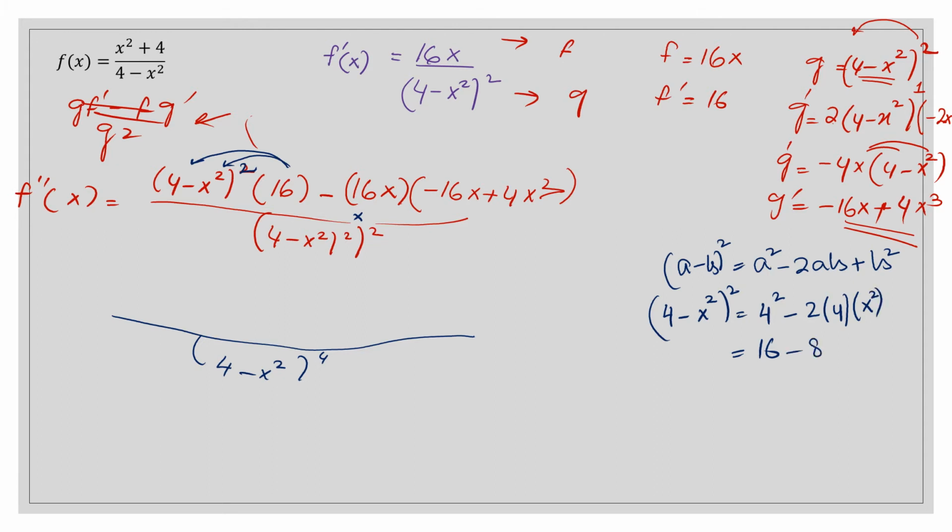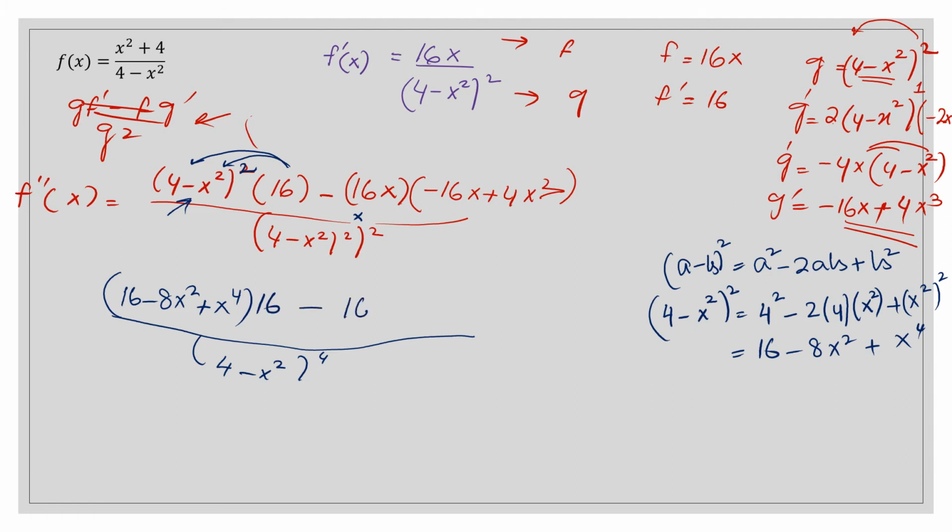So it will give you 8x square directly, plus b square, that means (x square) whole square, that will give you x to the power of 4. Now write down all these three terms, that is 16 minus 8x square plus x to the power 4, as a result of opening this binomial, and then multiply by 16 minus 16x.